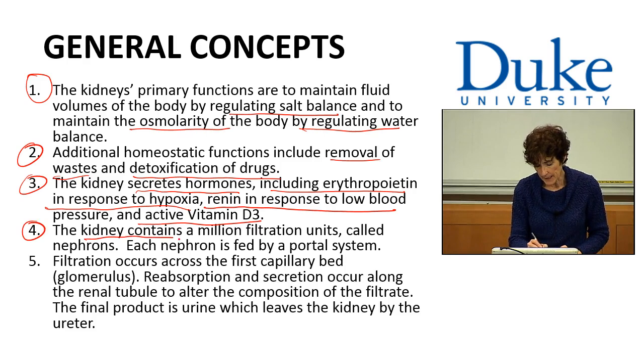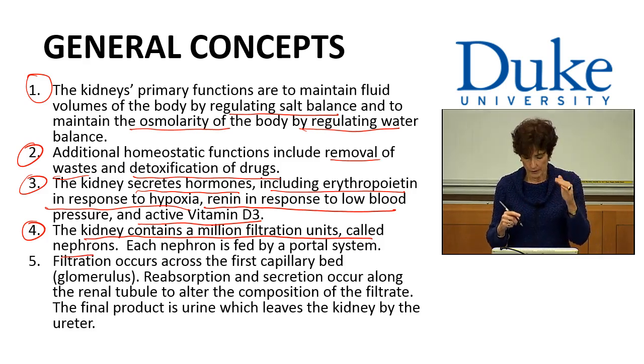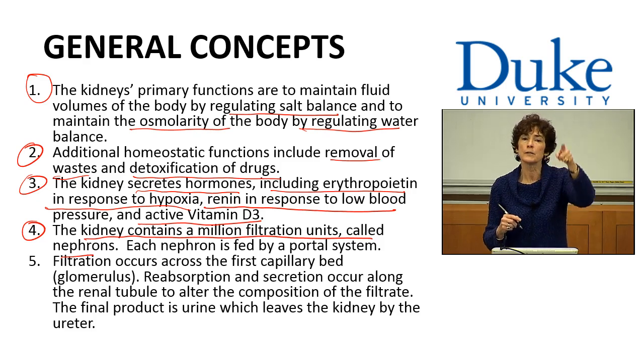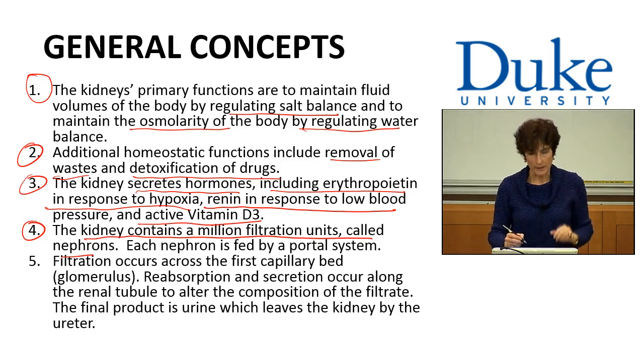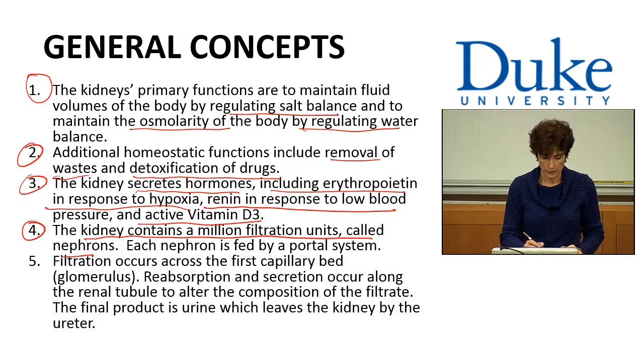Fourth, the kidney contains a million filtration units, which are called nephrons, and each nephron is fed by this portal system so that we have an afferent arteriole coming into a glomerulus, which is our first capillary, drained by an efferent arteriole, which then drains into a second capillary bed. And we'll talk about this portal system in detail in some of the later lectures.